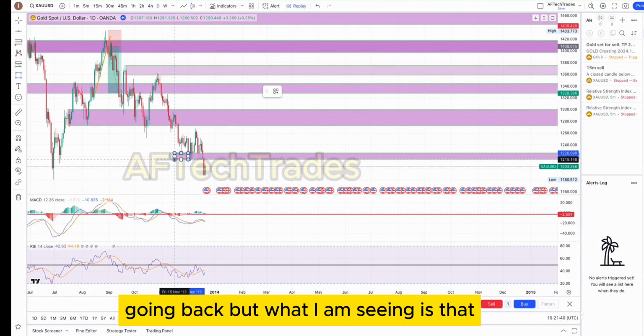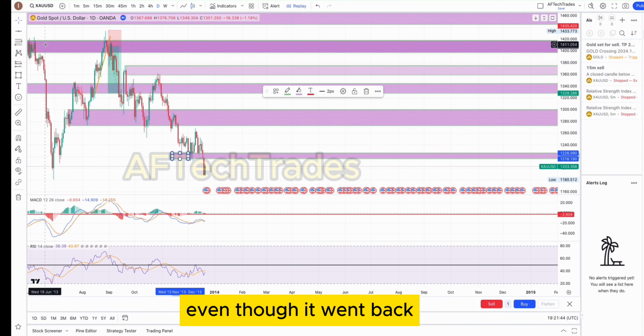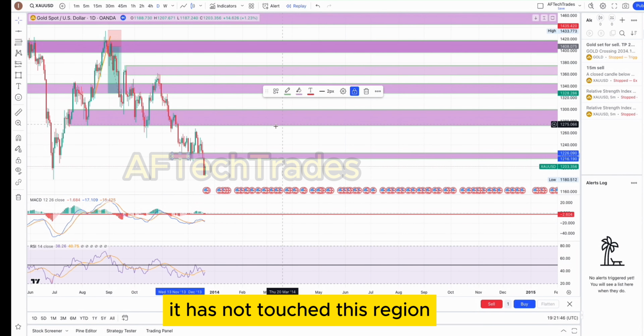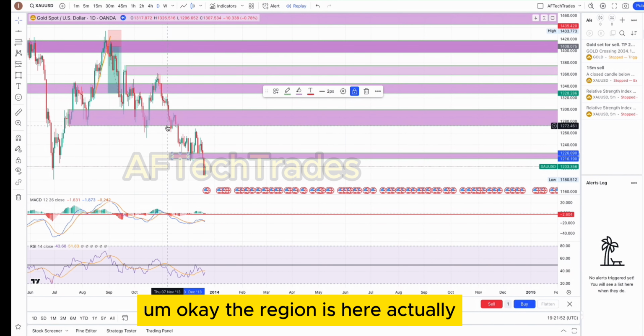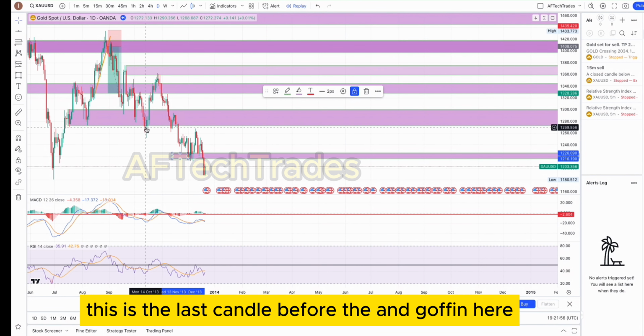Going back, what I am seeing is that even though it went back, it has not touched this region. Okay, the region is here actually. This is the last candle before the engulfing here.